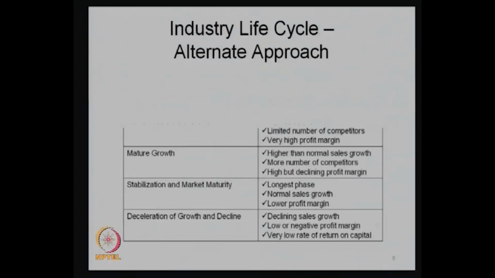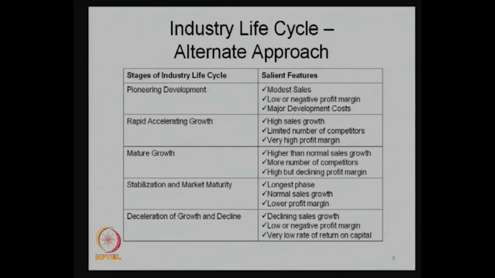Now, coming to another alternate approach in the industry life cycle: instead of the 4 stages that we talked about in the previous section, here we talk about 5 different stages.